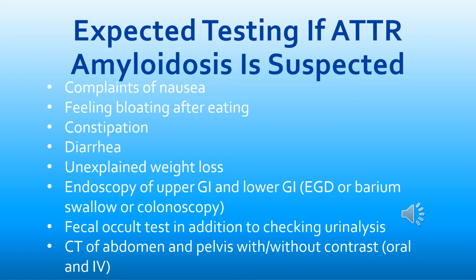That's going to light up like a Christmas bulb on the scan, and they will immediately see if there's any kind of problem causing an issue. So these are the kinds of tests that can be expected for those kinds of issues if your family member has that type of complaint.